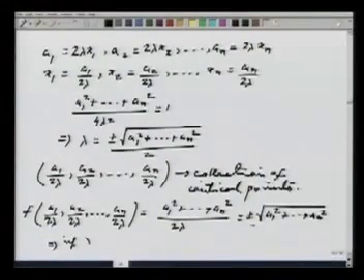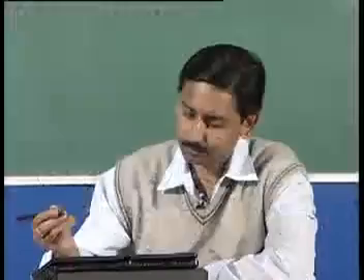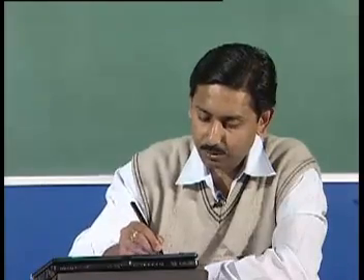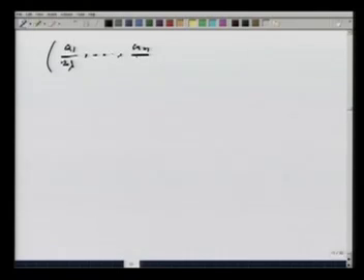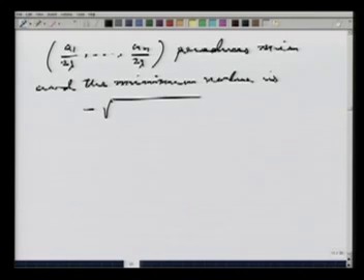That means if lambda equals minus square root of, then a1 by 2 lambda up to an by 2 lambda produces the minimum, and certainly the minimum value of the function that I can see from here is minus square root of.